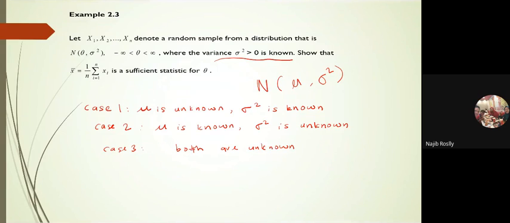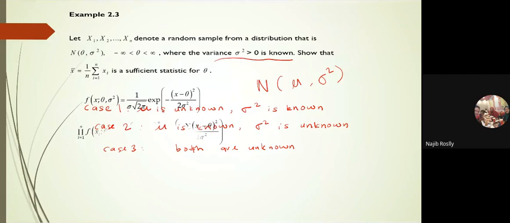There you find that x bar is a sufficient statistic for theta. But it depends on the other cases. It can be summation xi square, summation xi. So it depends on your case how you want to expand your PDF and find the sufficient statistic. It is not necessarily that x bar is the sufficient statistic for all three cases.